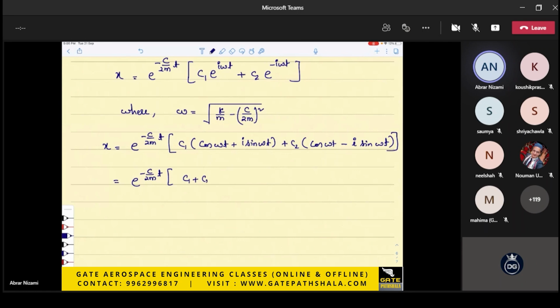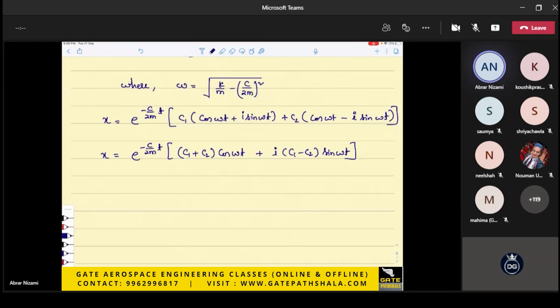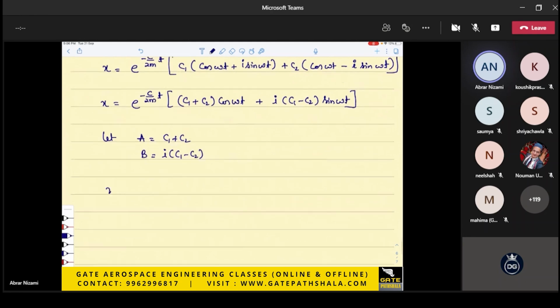So you can write (c1 plus c2) into cos of omega t plus i into (c1 minus c2) into sine of omega t. Then let A equal c1 plus c2 and B equal i into (c1 minus c2). Then you will be able to write x equals e power minus c by 2m into t into (A cos of omega t plus B sine of omega t).